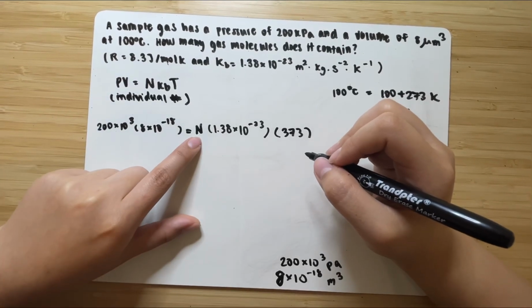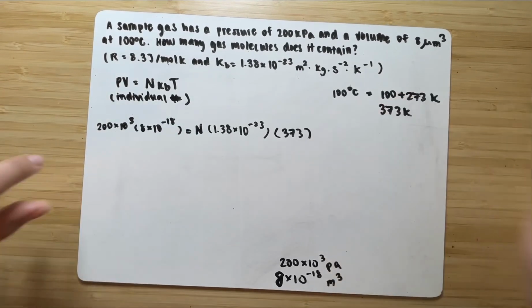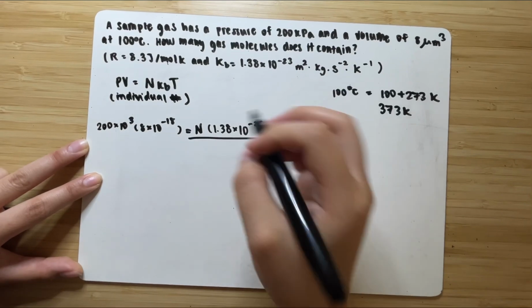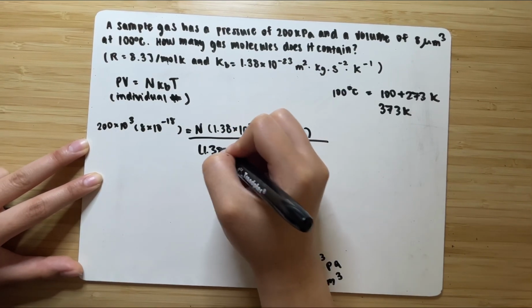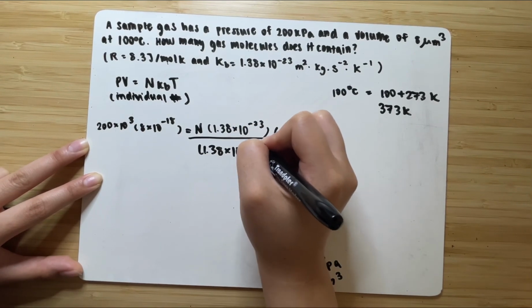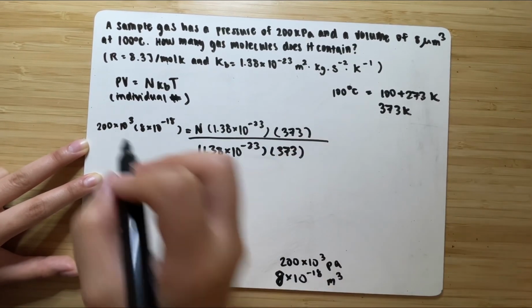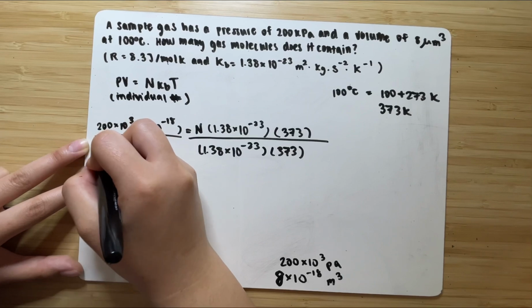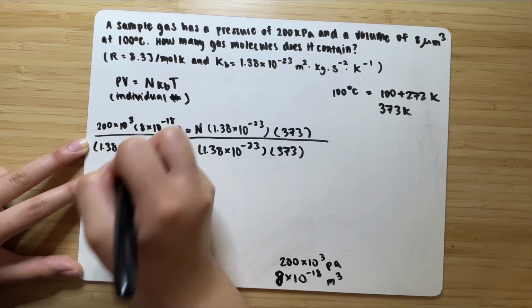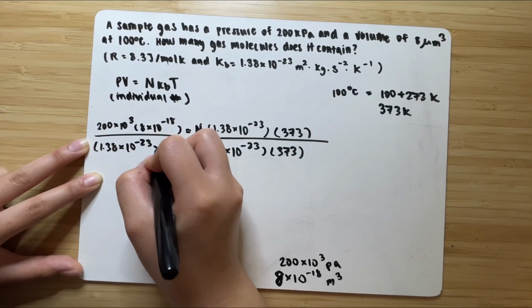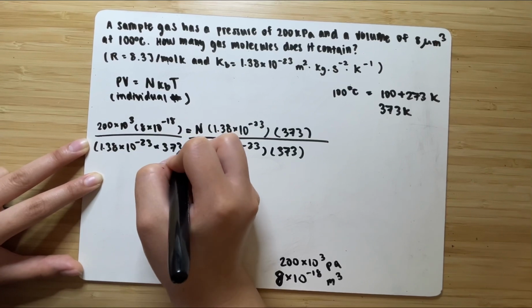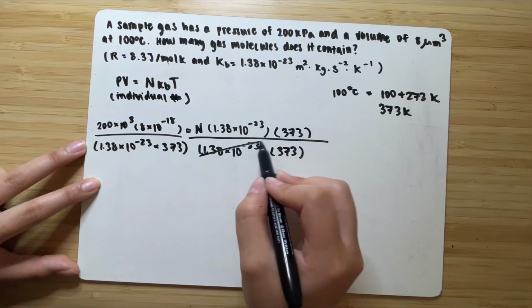Now we want to solve for big N. So you divide both sides by 1.38 times 10 to the negative 23 times 373. This cancels out.